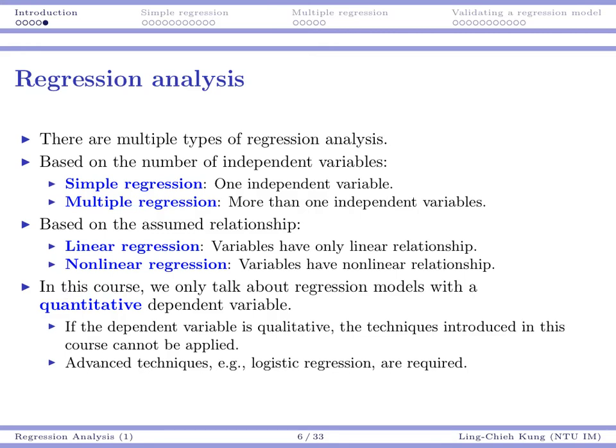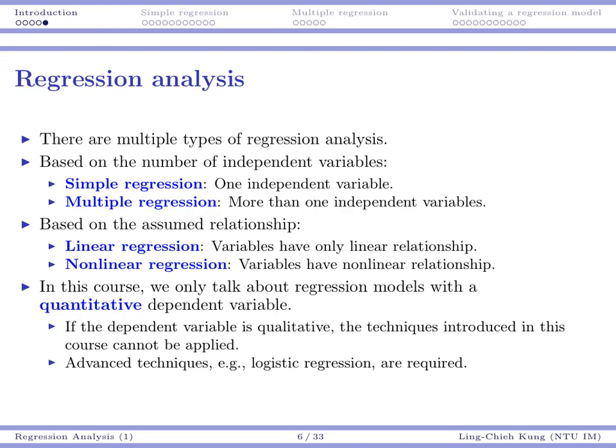In this course, we will only focus on regression models with the dependent variable as a quantitative variable. Quantitative means height, width, sales quantity, sales revenue, cost, yield rate, those continuous variables. If the dependent variable is qualitative, nominal or ordinal, like buy it or not, broken or not, all the techniques introduced in this course cannot be applied.